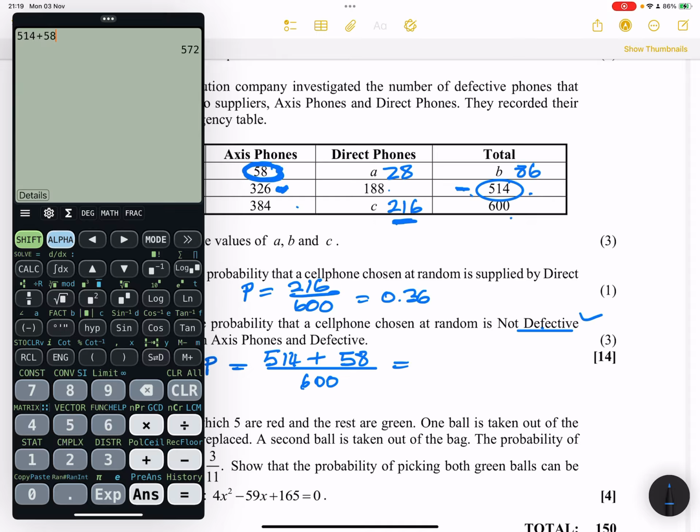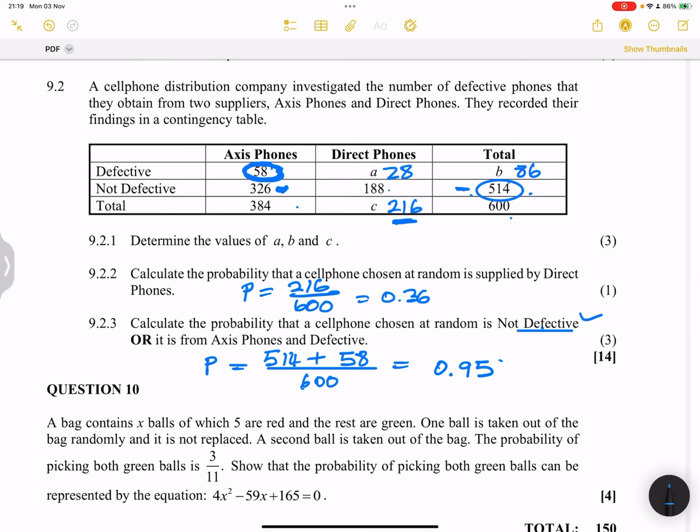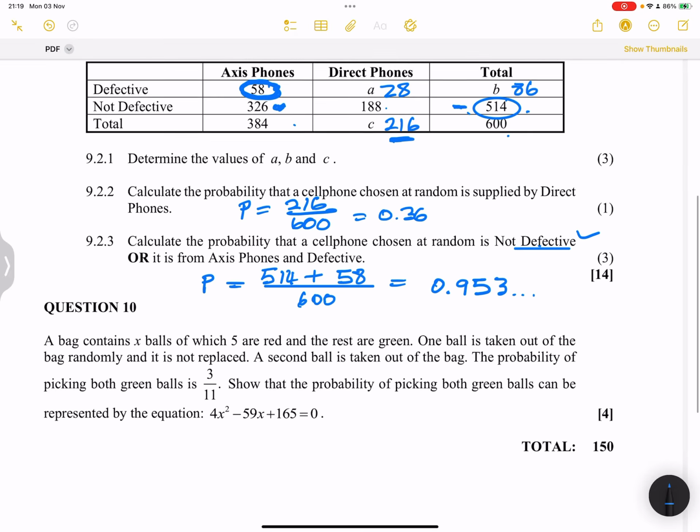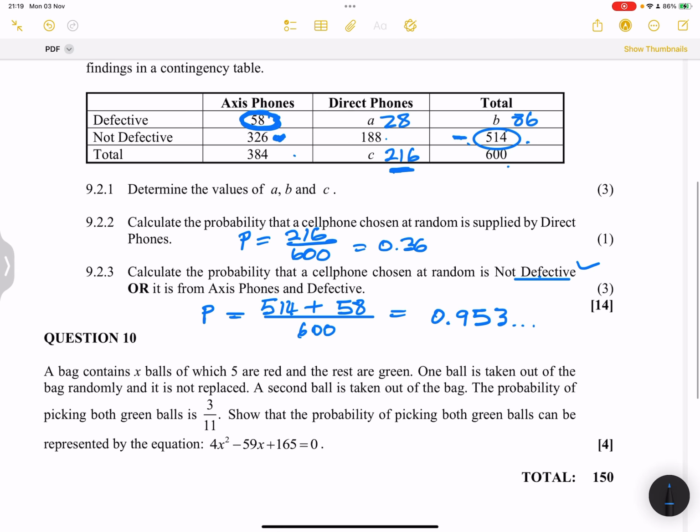And this is divided by 600. So I get a probability of 0.95, or you can say 0.953. So that's how we're going to get that contingency table.